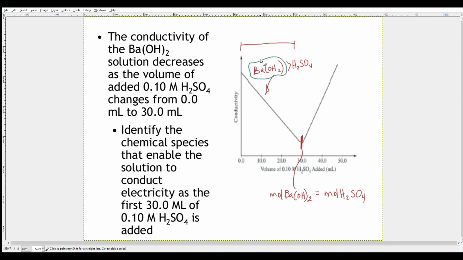So we know that this guy is the only one that's producing ions that are actually available to conduct. Can a solid like barium sulfate conduct electricity? No, these do not conduct. So it's only the ions that are being produced that can conduct.